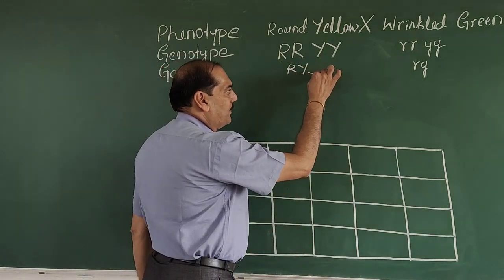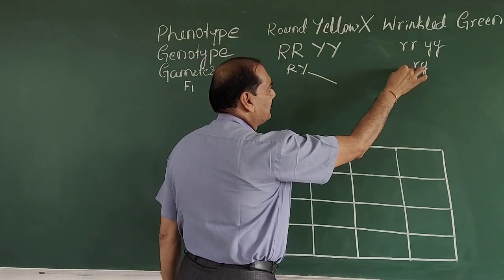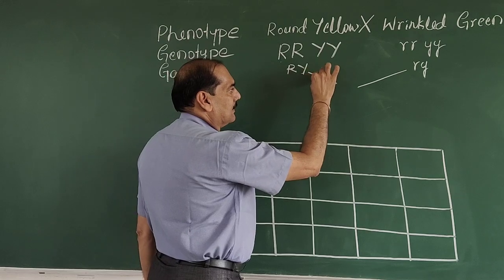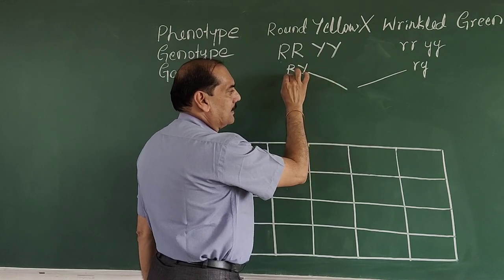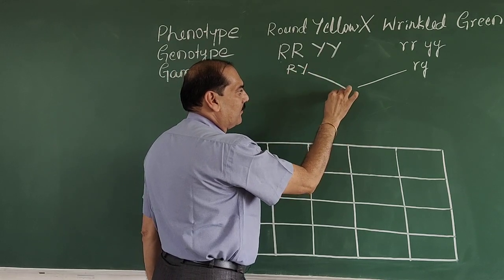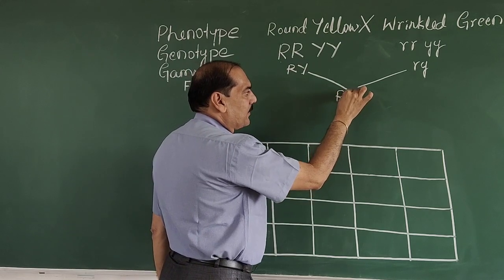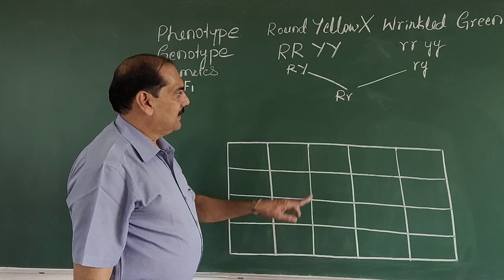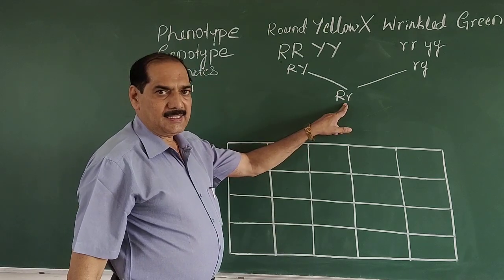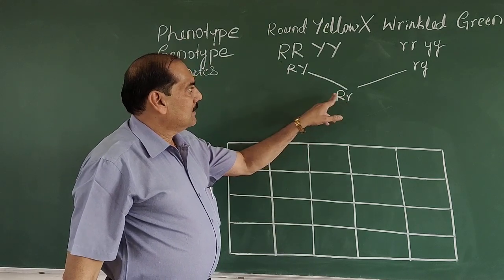When these two gametes fused, these two factors become a pair. They are responsible for the shape of the seed. These two factors are fused.